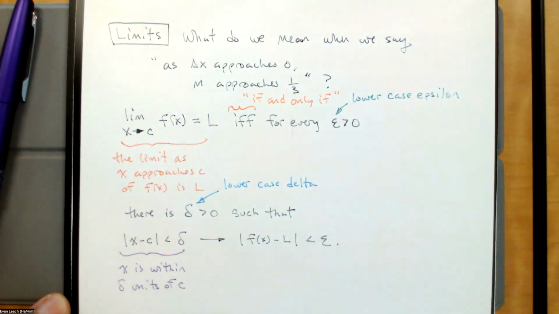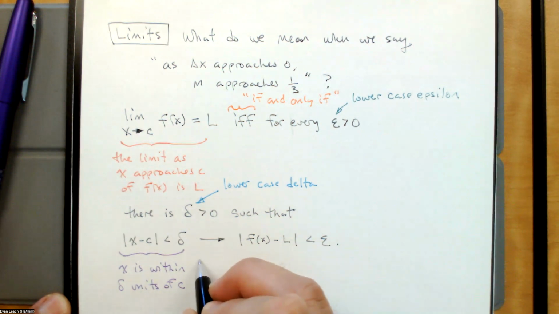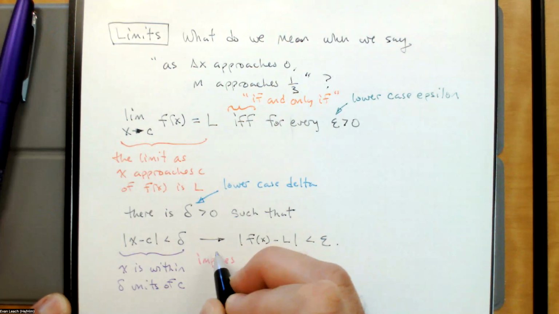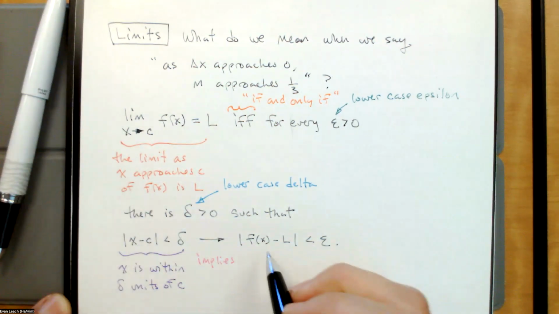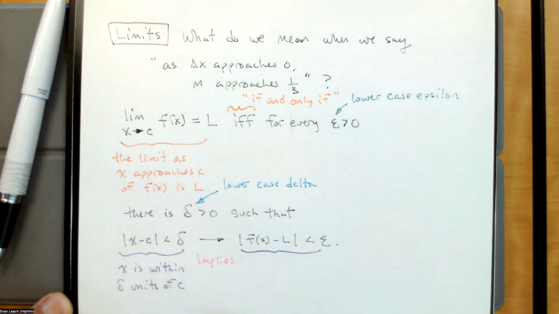And absolute value of f of x minus L less than epsilon means f of x is within epsilon units of L.